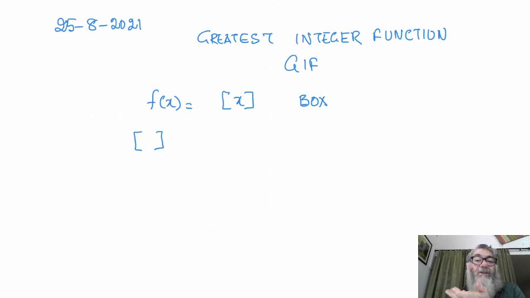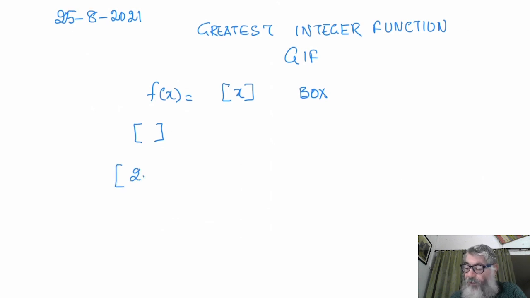Actually, a number consists of two parts, integer and fraction. So the integer part of the number makes the greatest integer function. For example, let us take an example, you will understand.